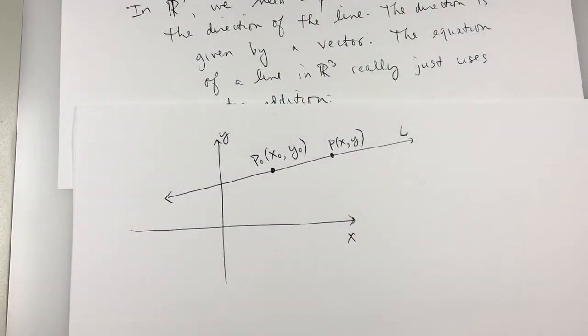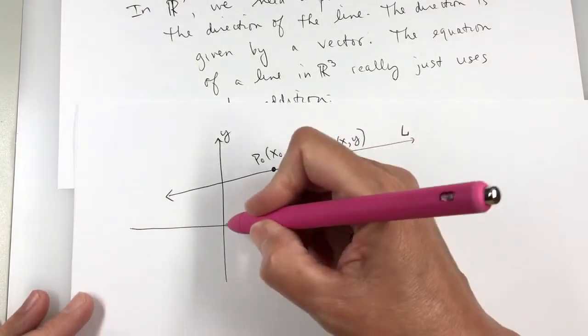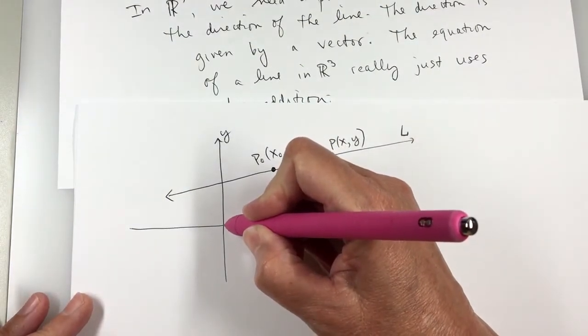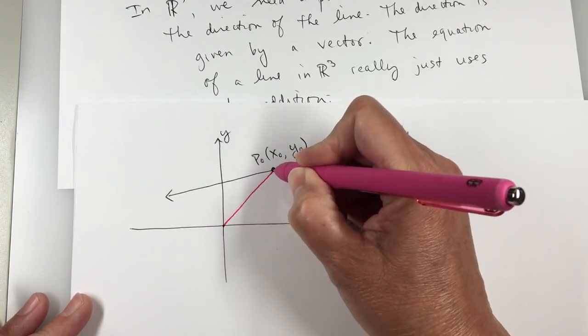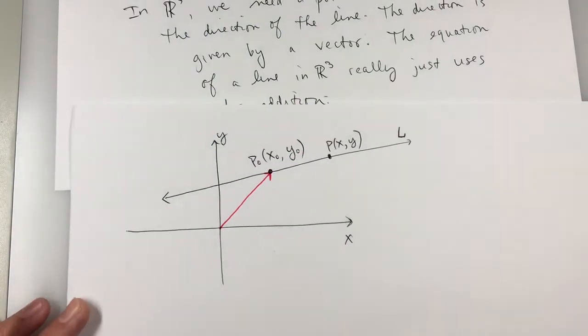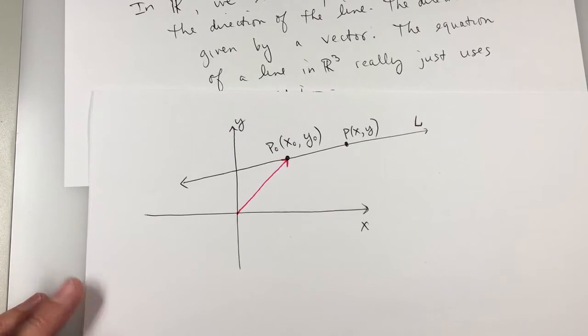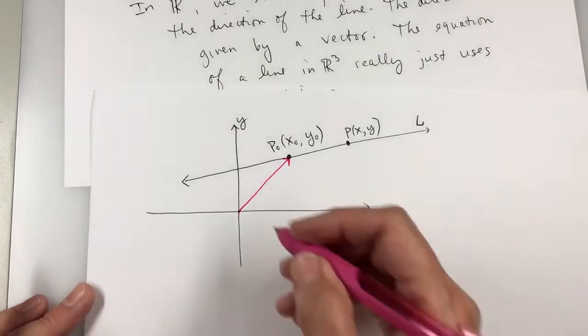So XY, any other point on the line, and we can draw the position vector. Position vector is going to start at the origin to P sub 0, and they called that vector R sub 0.